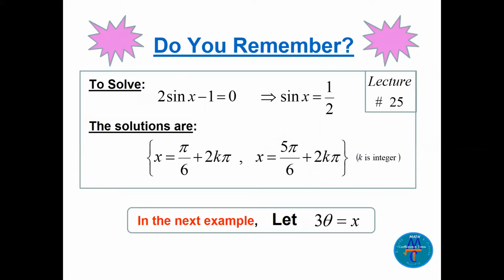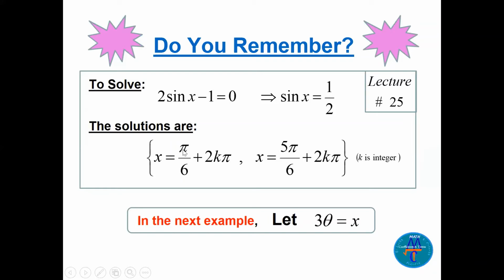Now let's remember something nice from lecture 25. If we have 2 sine of x minus 1 is equal to 0, then sine of x will be half. So how to find the solution? We look at the sign here, the plus half. It can be minus half in other questions. Plus, so I go to quadrant 1, and plus, it will be sine in quadrant 2 also.